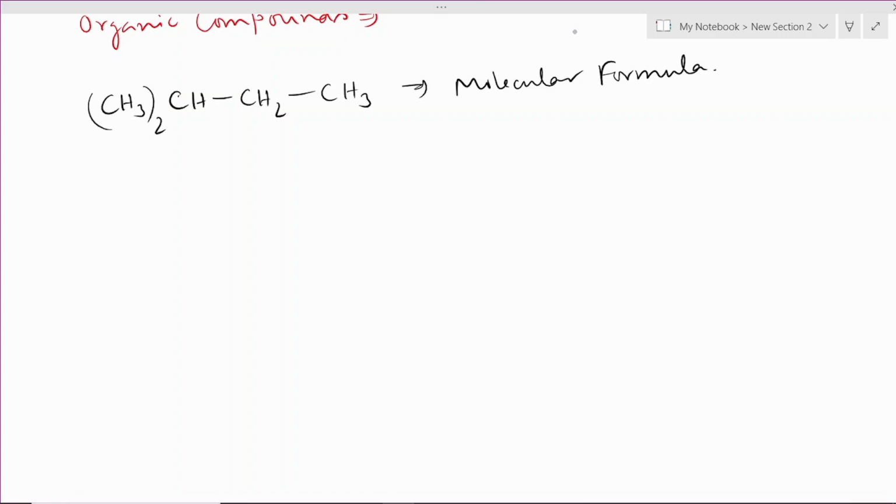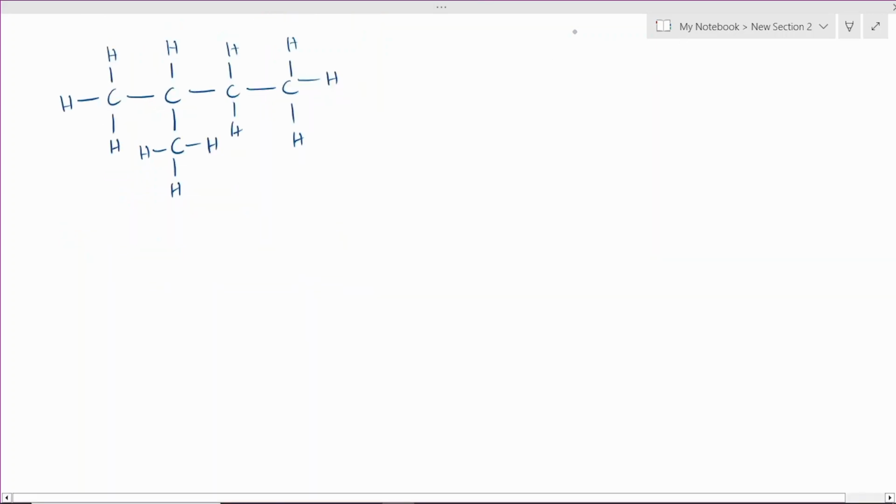That is, one can draw like this way. Here is H, here is CH2, and it is the complete structure.